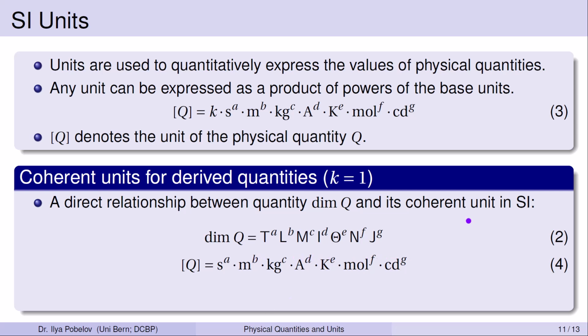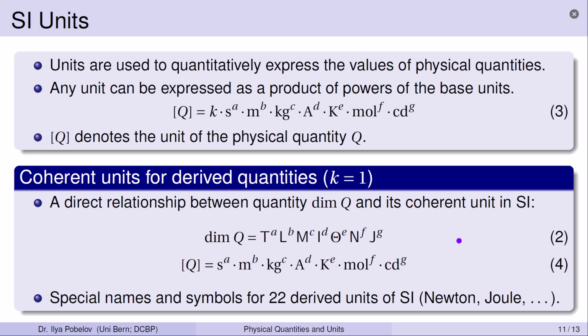Despite all coherent SI units being representable as combinations of base units, SI assigns special names and symbols to 22 derived units, such as Newton, Joule, among others.